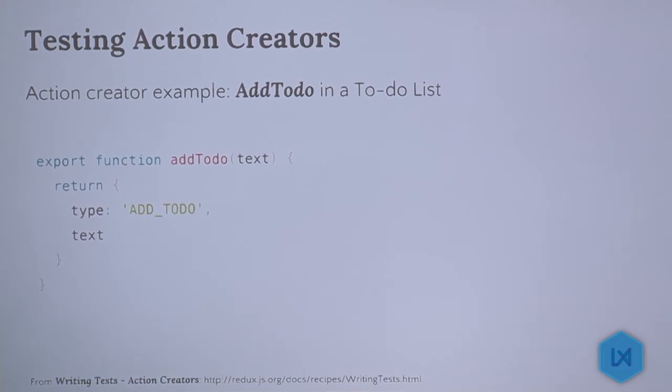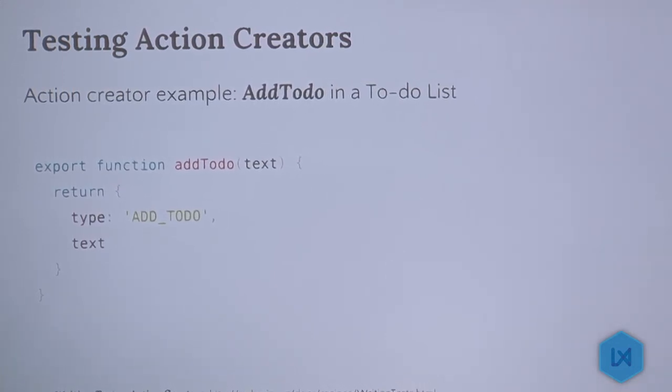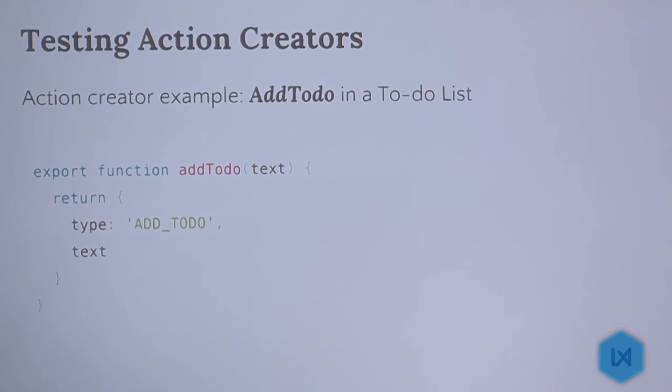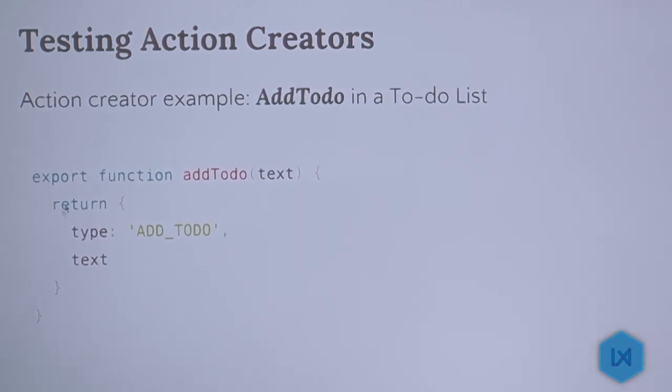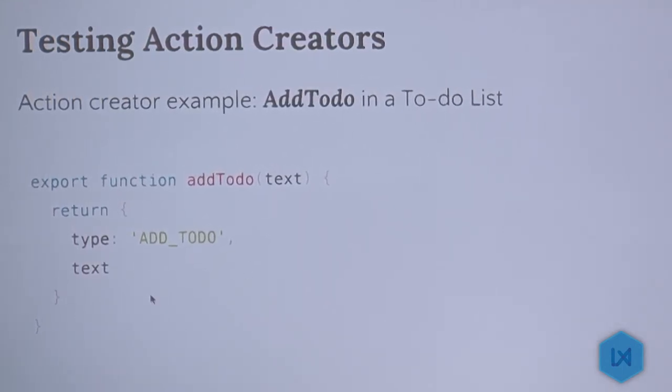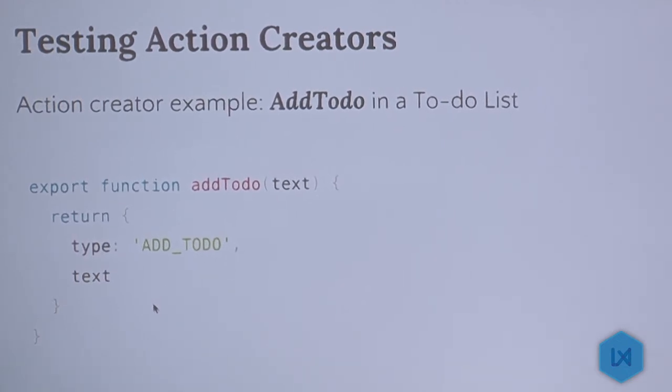This is an example of an add to-do action creator, and this is the return that we are expecting. So how can we test this? Well, we can start by mocking the text payload. We can also mock the expected action, and then we expect the action creator to return our expected action.